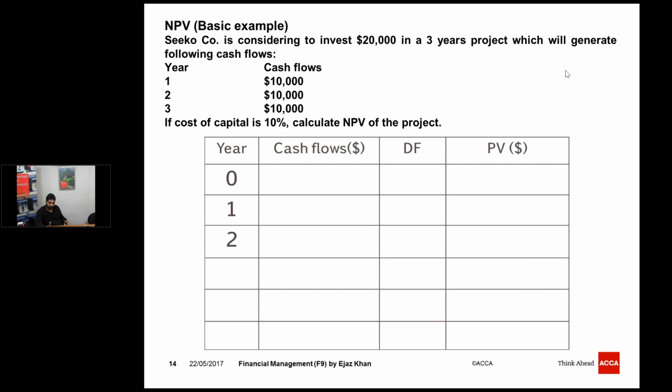It's exactly the same situation as the last example, except that we are getting equal amounts of cash inflows every year.